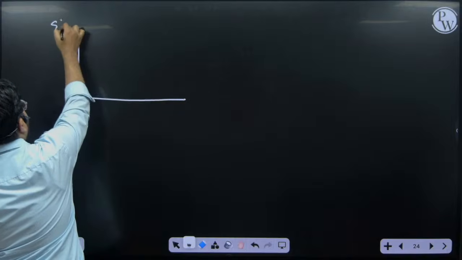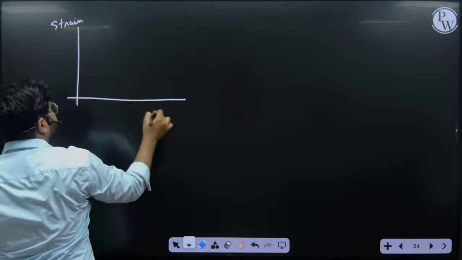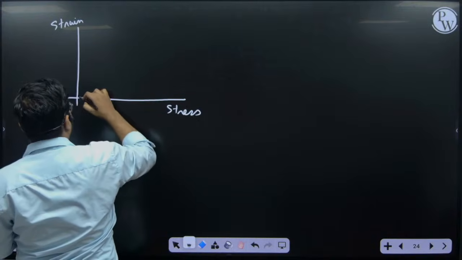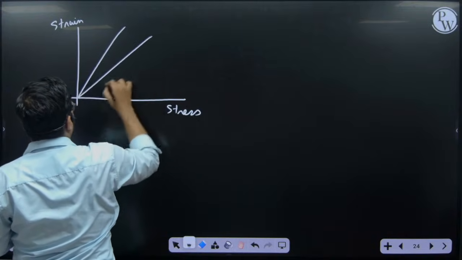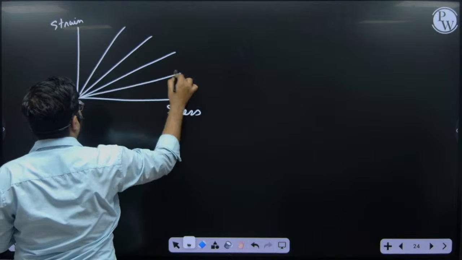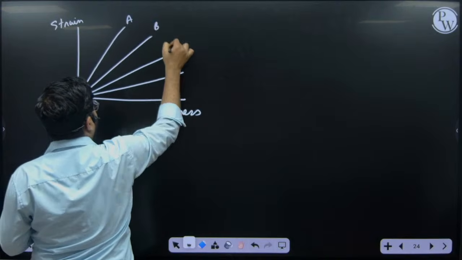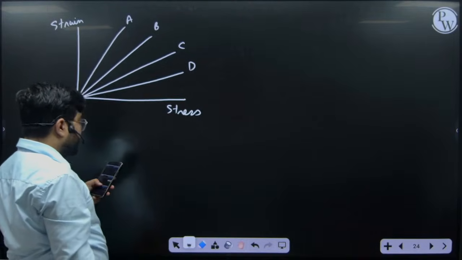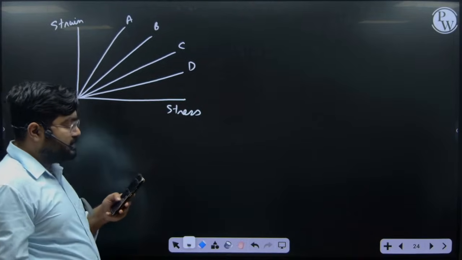This is strain and this is stress. They have given us four curves, four straight lines like this, and they are asking which has the highest Young's modulus.